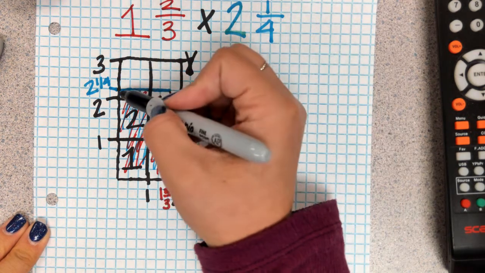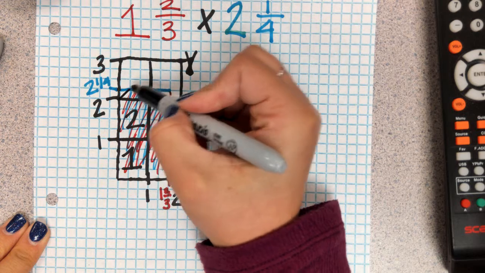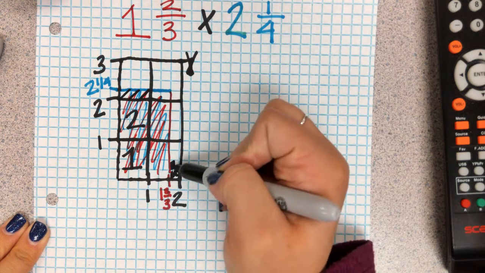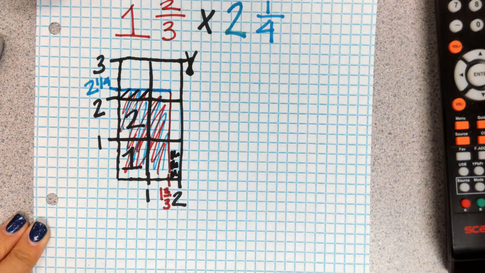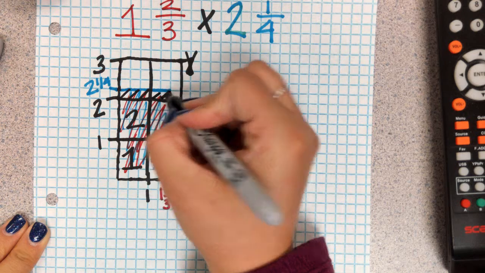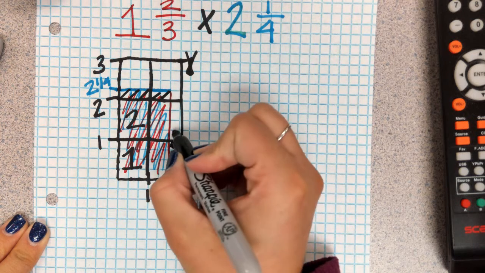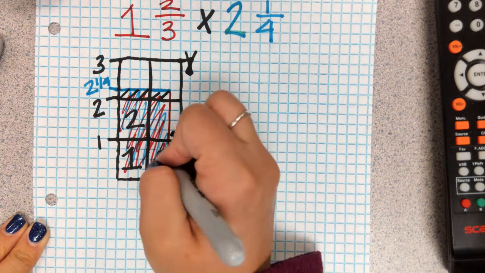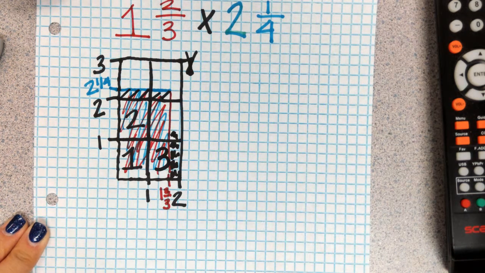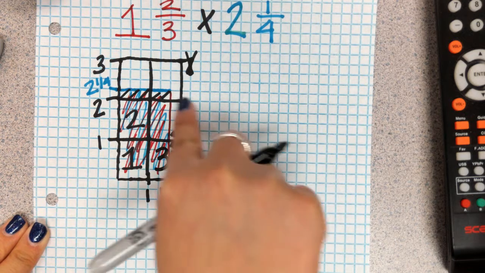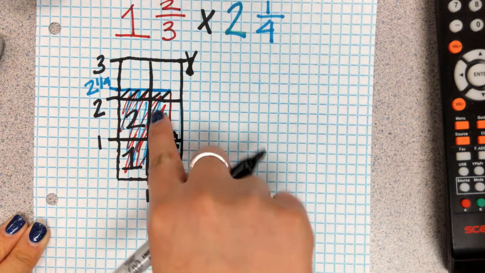So I'm going to move 1 2 3 and place them here. I'm going to move 2 up here and place them 1 and 2. Now I can see that I have a third whole completely filled in. But what about this one that's not filled in? This becomes my fraction part.